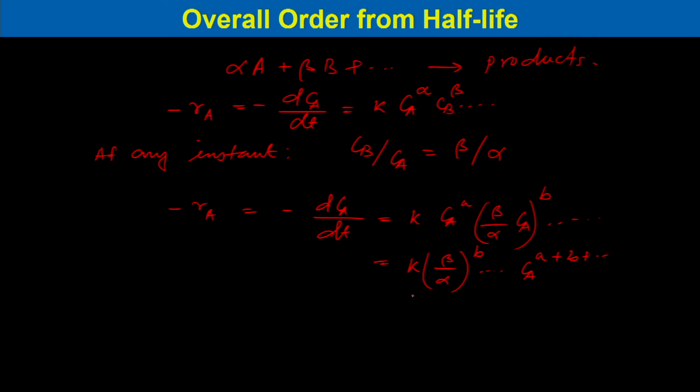So, this we can represent as k dash, and this we can represent as C_A to the power n. So, this is the general reaction, we can write it in terms of an nth order reaction. So, minus dC_A/dt would be equal to k dash into C_A to the power n.